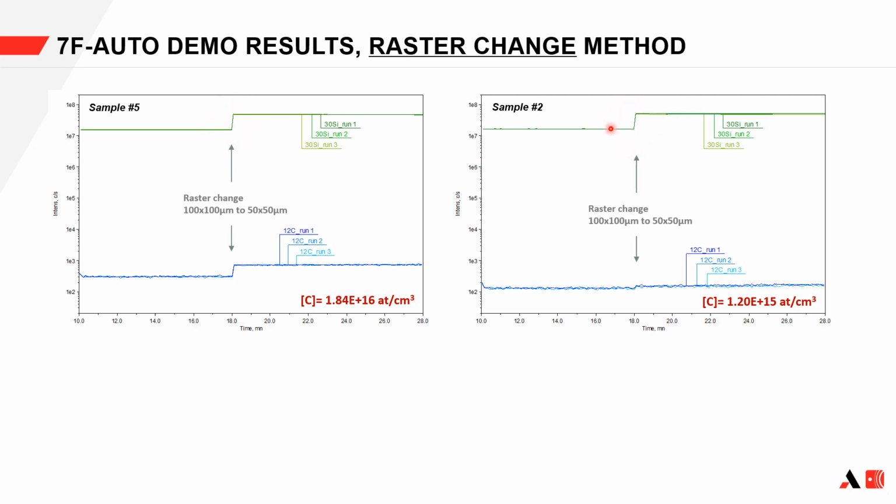On the other hand, carbon profiles are a bit different. While we have a big jumping step of carbon signal on sample number 5, there is a very small step on sample number 2, which is expected to be the purest one among the samples. And this profile confirms our assumption.